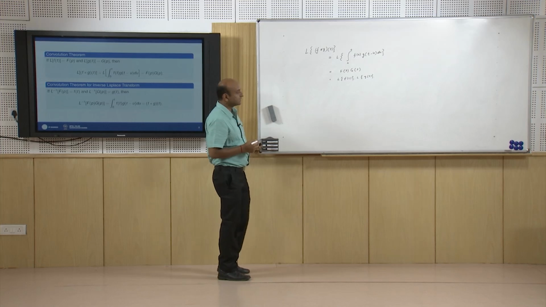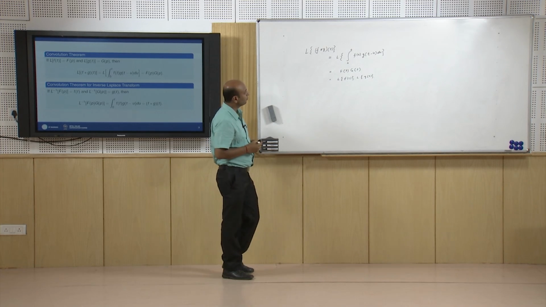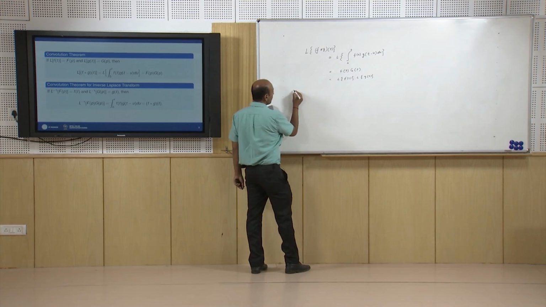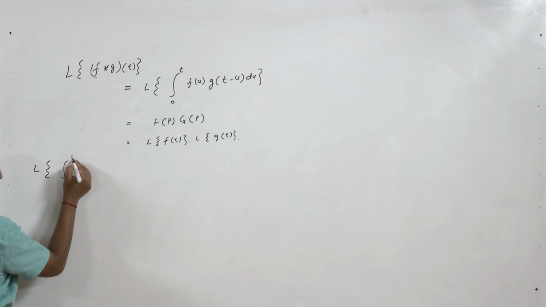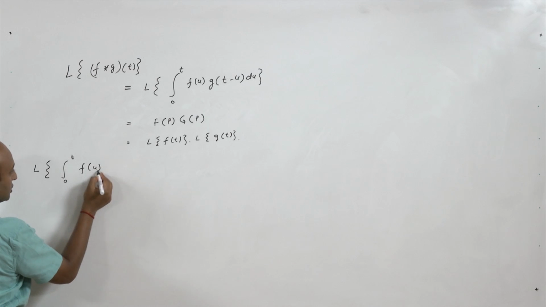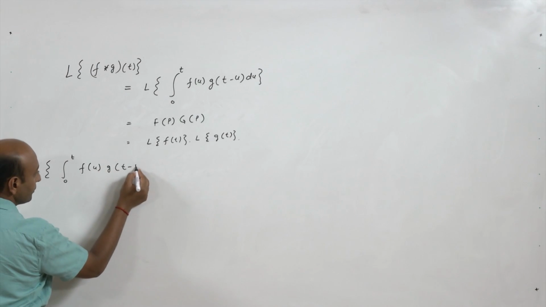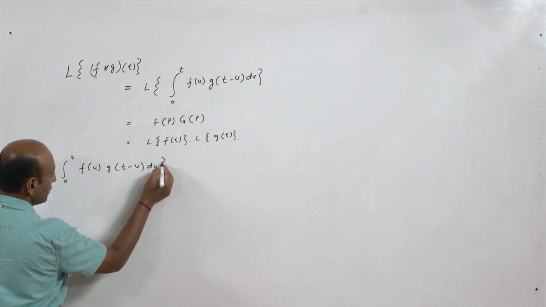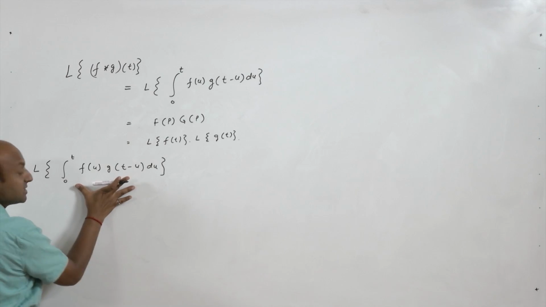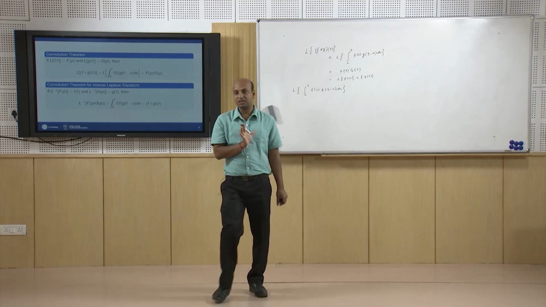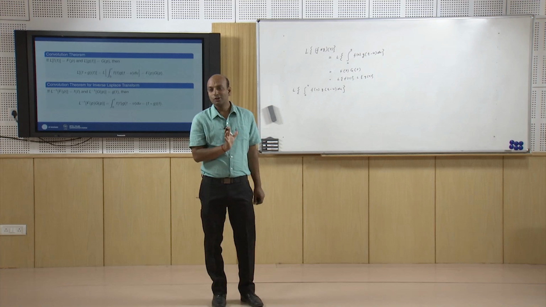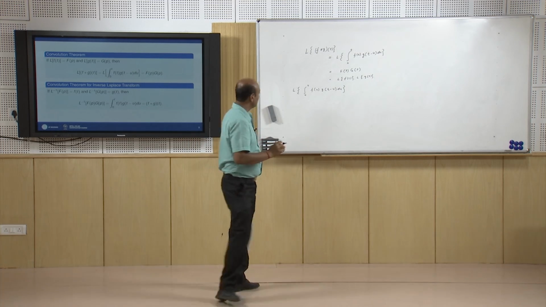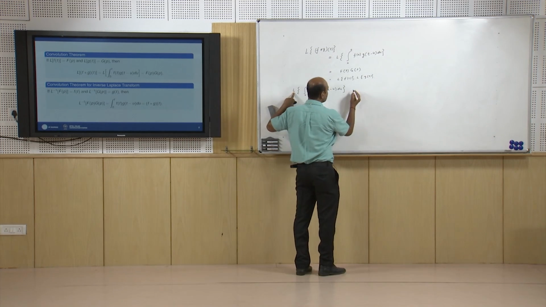Now let us see the proof. This expression is the convolution of f and g, that is why we call it the convolution theorem.